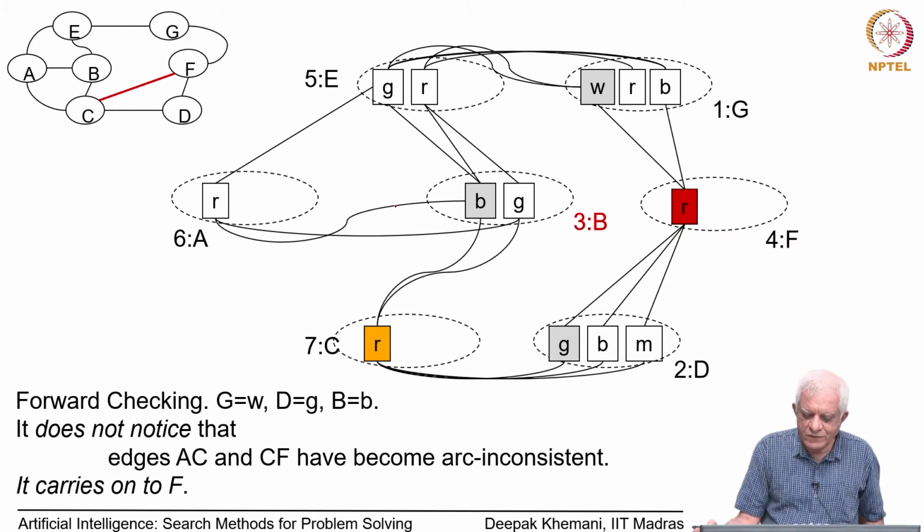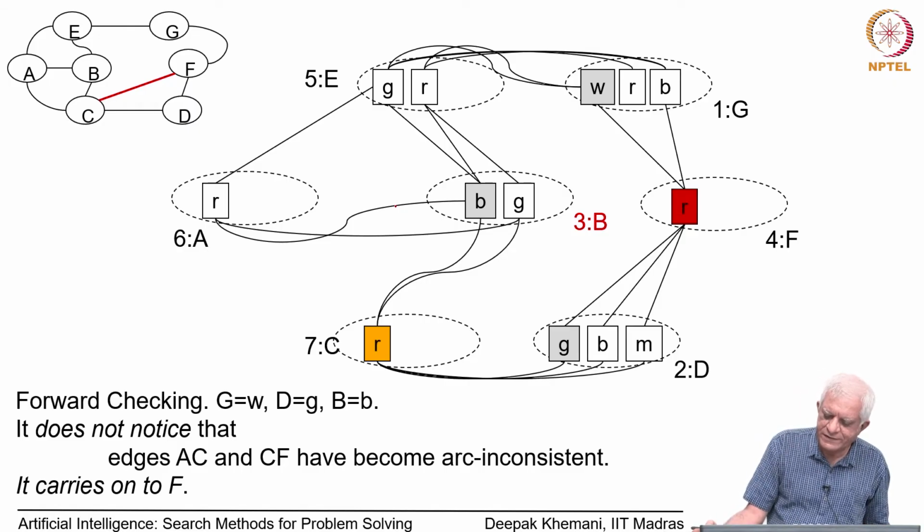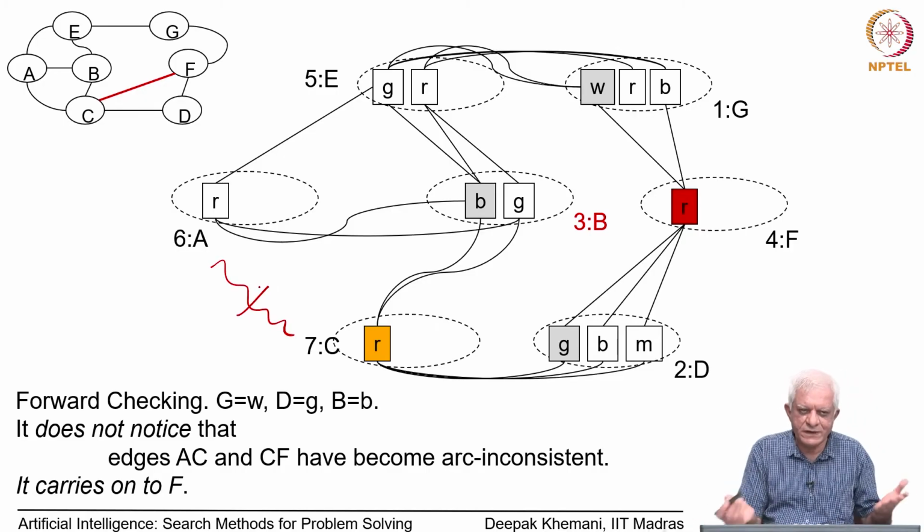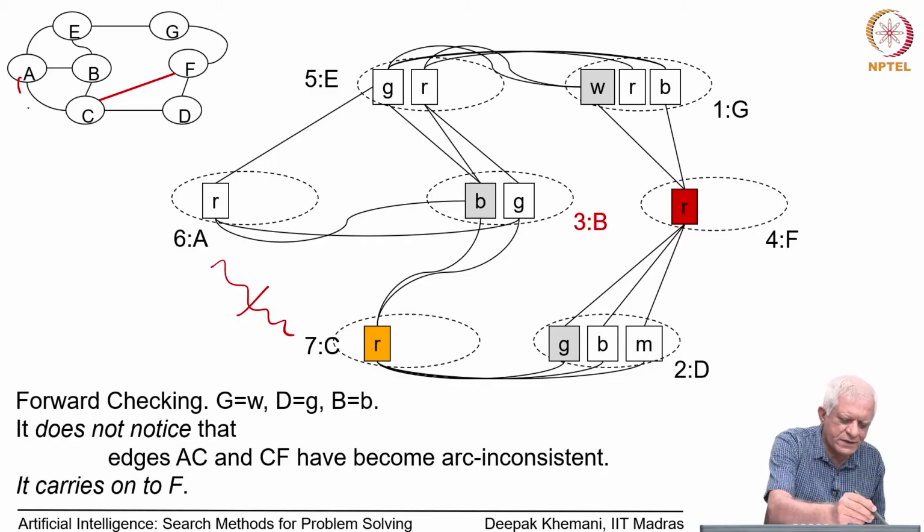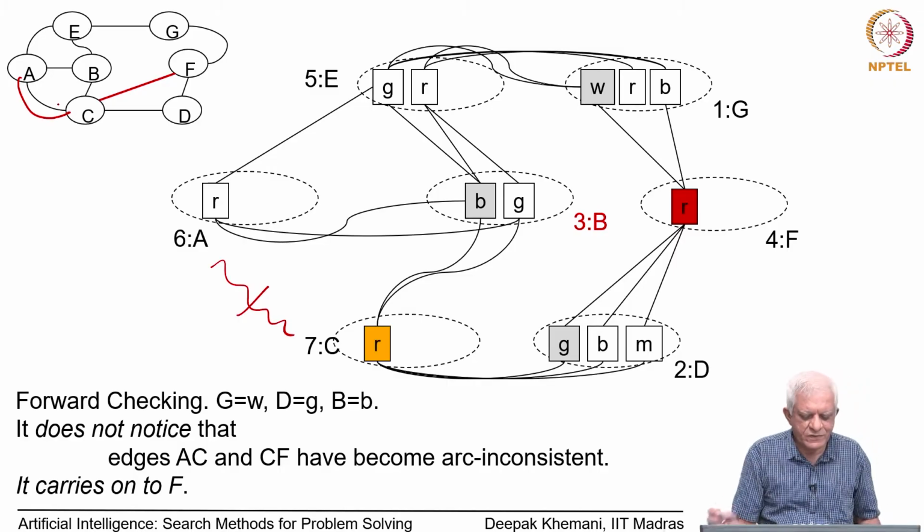Then we will move to the fourth variable, but because forward checking is doing only a very limited kind of look ahead, it does not notice that these two variables have become arc inconsistent. They have only one value R, and they are connected to each other in the constraint graph. So, you cannot give R to both of them. It does not see that, and it goes ahead and gives a value of R to the fourth variable. So, it carries on to F essentially.